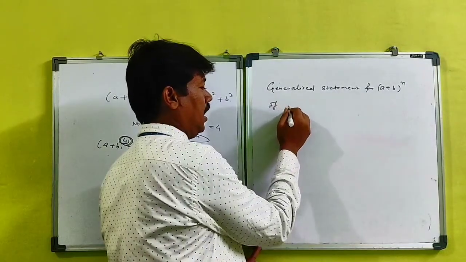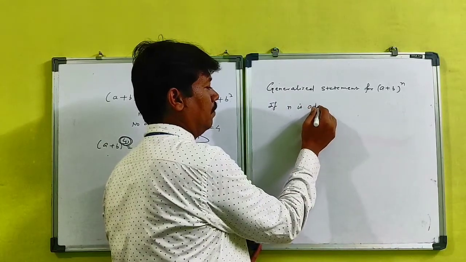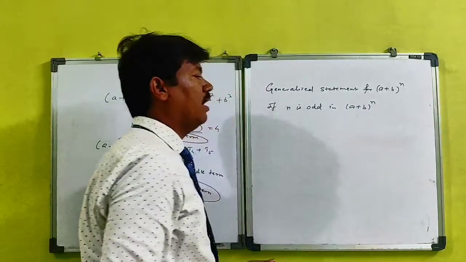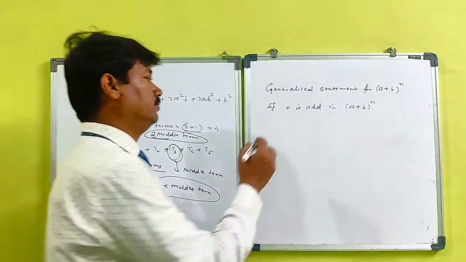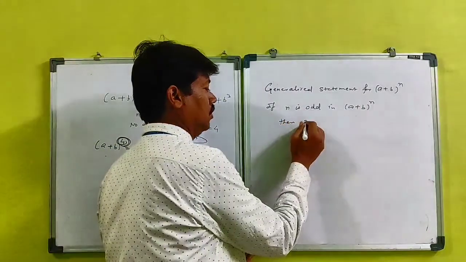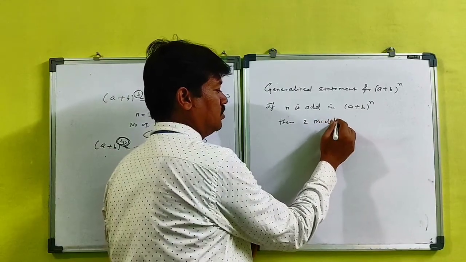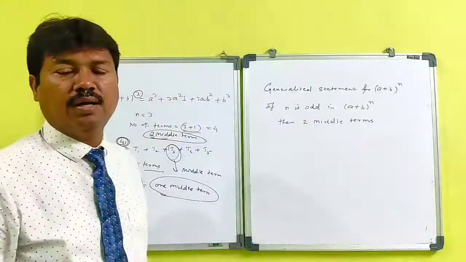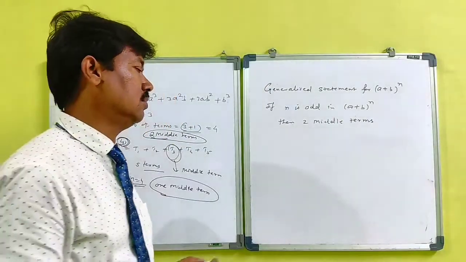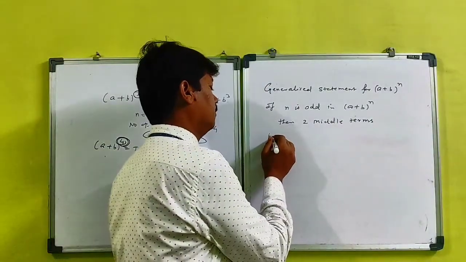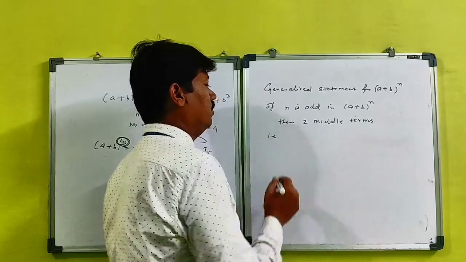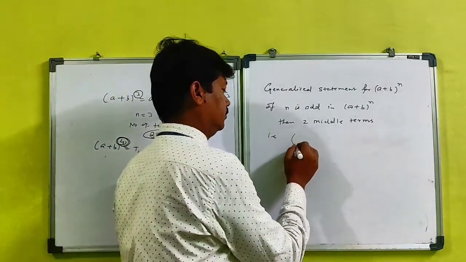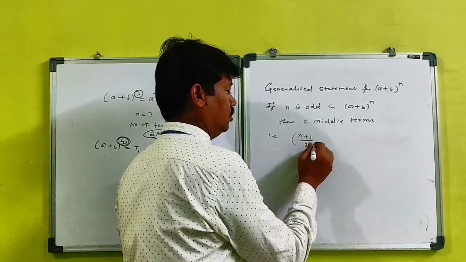If n is odd, that is, the value of n is an odd number, then there will be 2 middle terms. What will those 2 middle terms be? They are the (n + 1)/2 term and the next one.